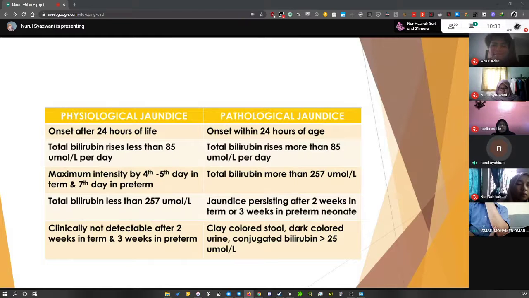Pathological jaundice persists after 2 weeks in term or 3 weeks in preterm. Total bilirubin is less than 257 in physiological and more than 257 in pathological. Physiological jaundice is clinically not detectable after 2 weeks in term and 3 weeks in preterm. For pathological, we have clay colored stool, dark colored urine, and conjugated bilirubin more than 25 micromole per liter.